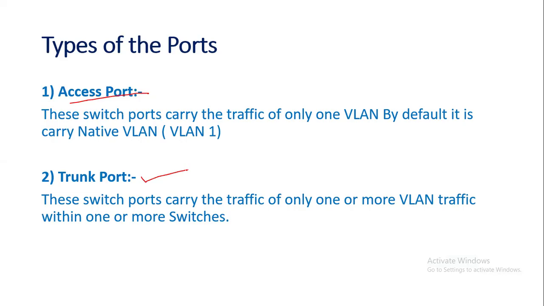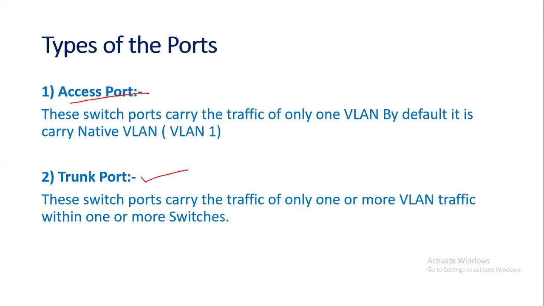And if you are not configuring the access port mode, whichever VLAN you need to access, by default it takes the native VLAN, which is VLAN 1. So the access port carries only one VLAN's traffic.